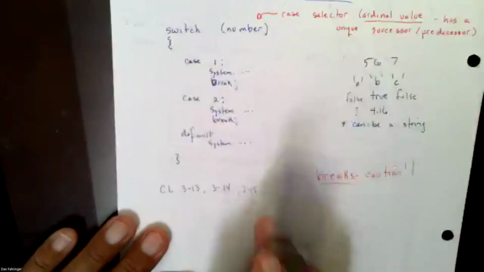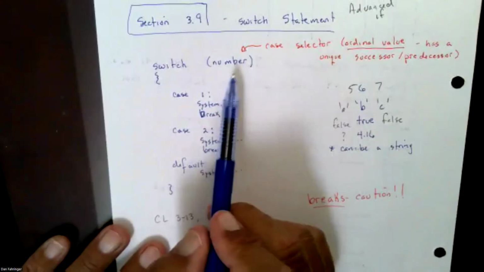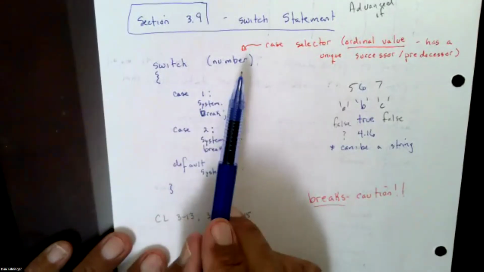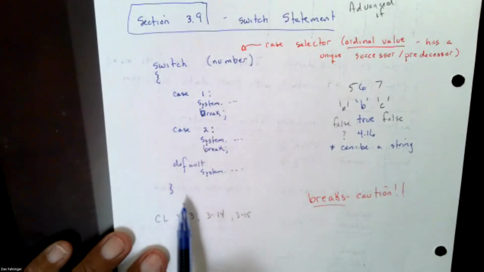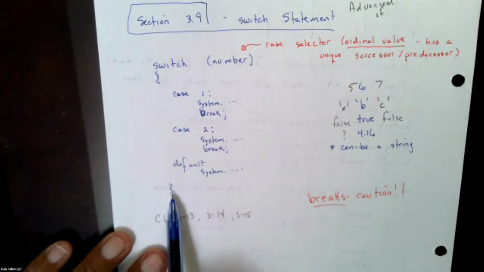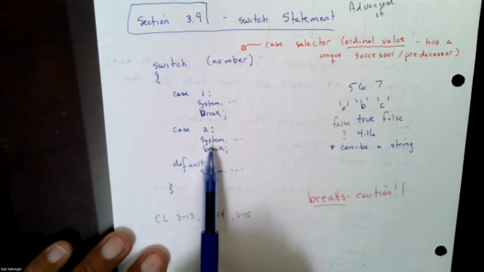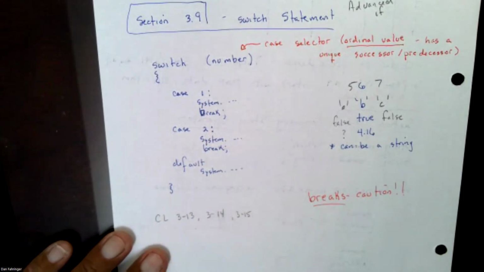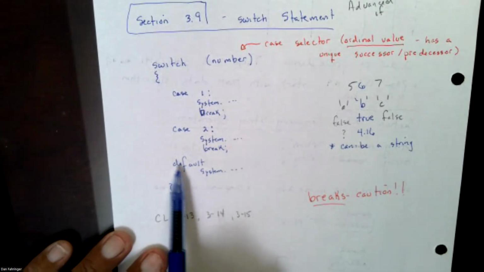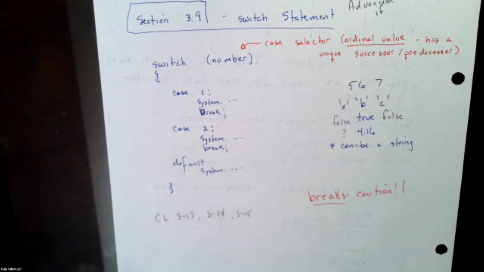Good. We got into a switch statement. If that number is 1, it does this, hits the break and gets out all the way down. If it's case 2, it does this, hits the break, gets all the way out. We can or cannot have a default if we want.